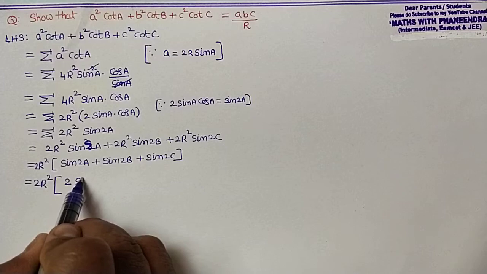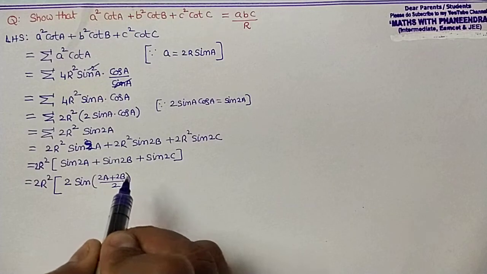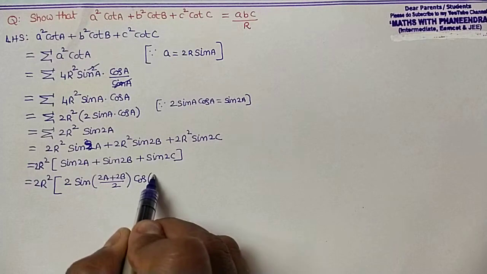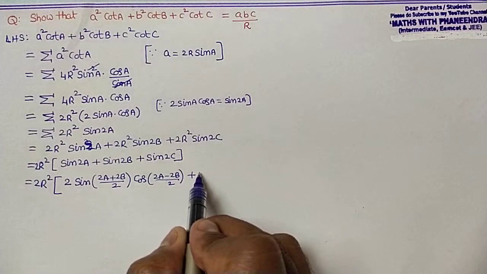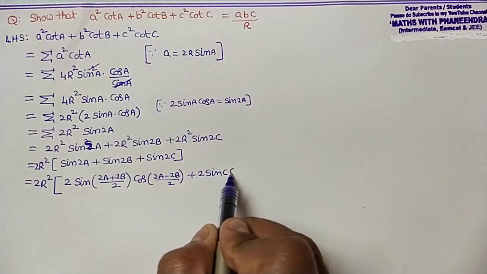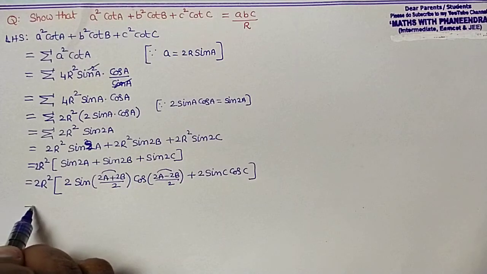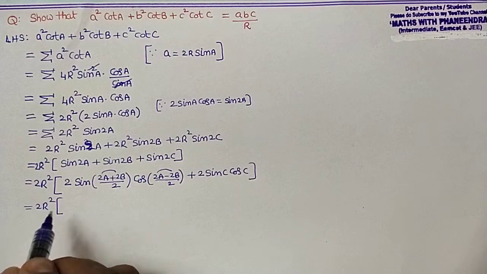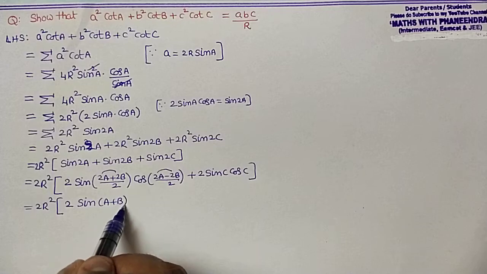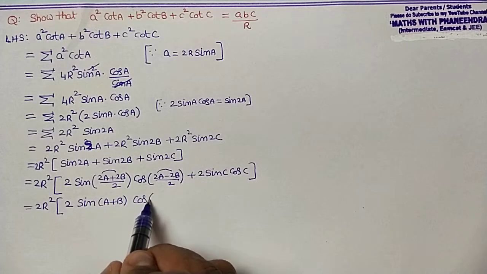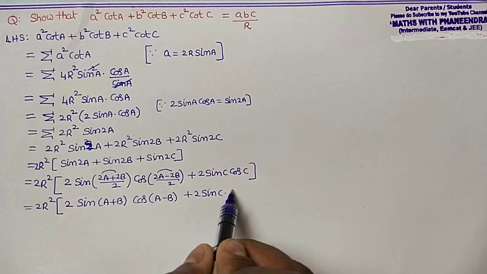So 2 sin of (2A plus 2B) divided by 2 into cos of (2A minus 2B) divided by 2, plus sin 2C, which is 2 sin C cos C. So 2 take common and cancel in both the terms. We will get 2R square into 2 sin of (A plus B) into cos of (A minus B) plus 2 sin C into cos C.